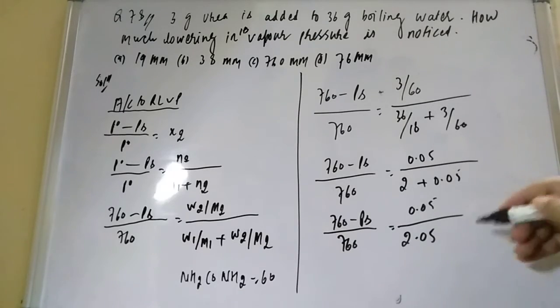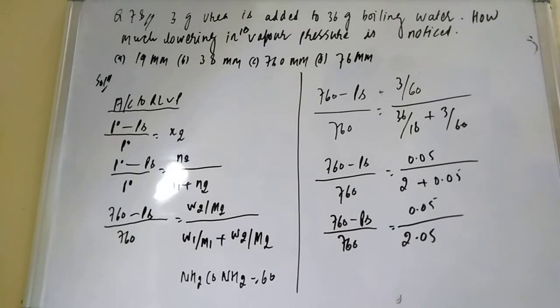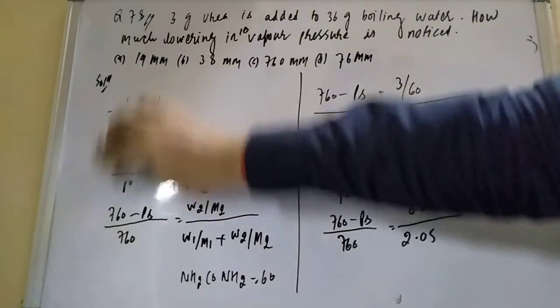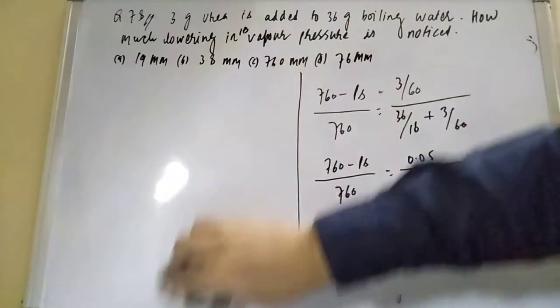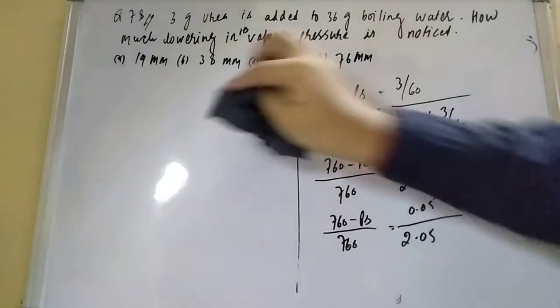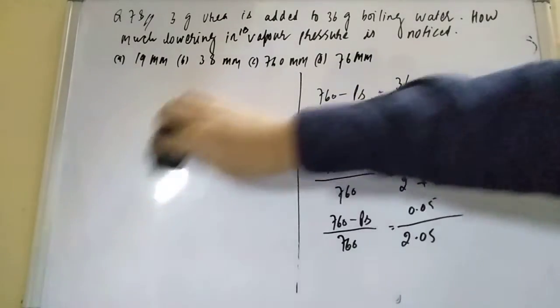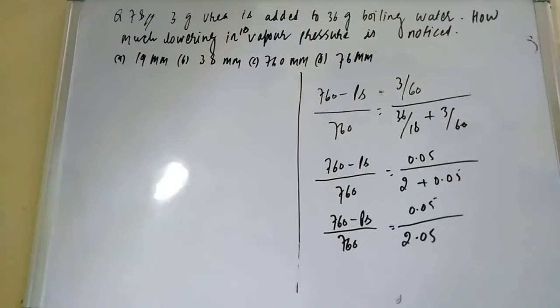Now what we have to understand here, let us see. So we have to calculate, cross multiply it.